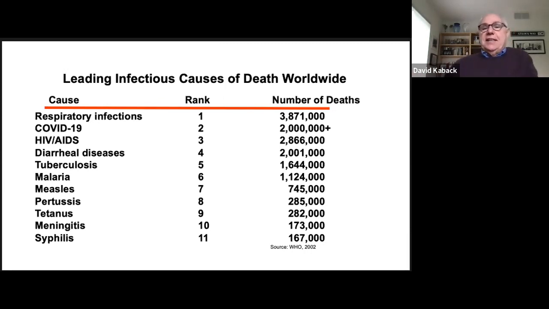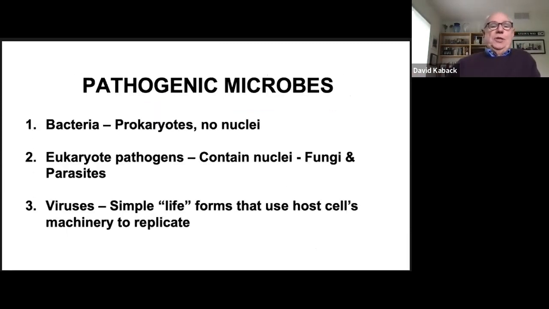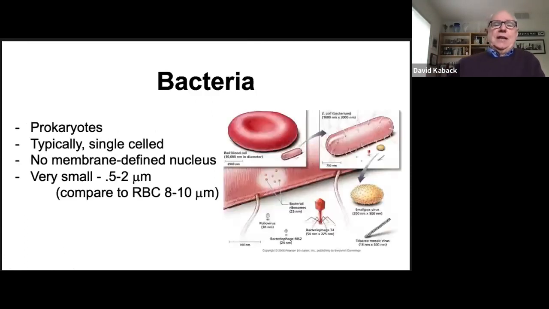All right, that said, in this course we're going to be talking about bacteria, eukaryotic pathogens, including fungi and parasites, and viruses, which are debatable as to whether we want to call them alive or not, since they require a living organism to replicate in. Beginning with bacteria, we can see a typical bacteria next to a red blood cell, and they're anywhere in size from about 1/2 micron to 2 microns.